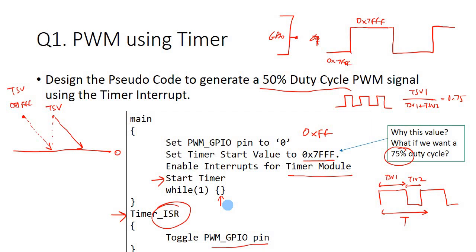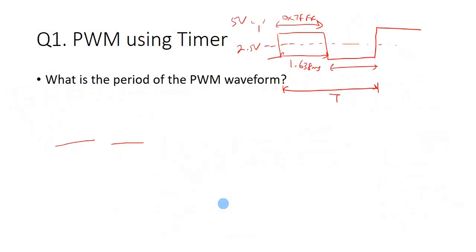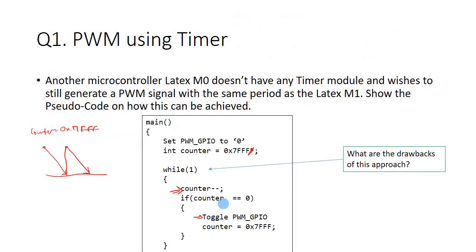When the timer interrupt triggers, the pin will be toggled. So in this while 1 loop, you are free to do whatever you like, and the timer interrupt will still carry on as per normal. Whereas in this approach, since it's a software based timer, you are very much focused on this, and you can't really do anything else meaningful. So that is a drawback.